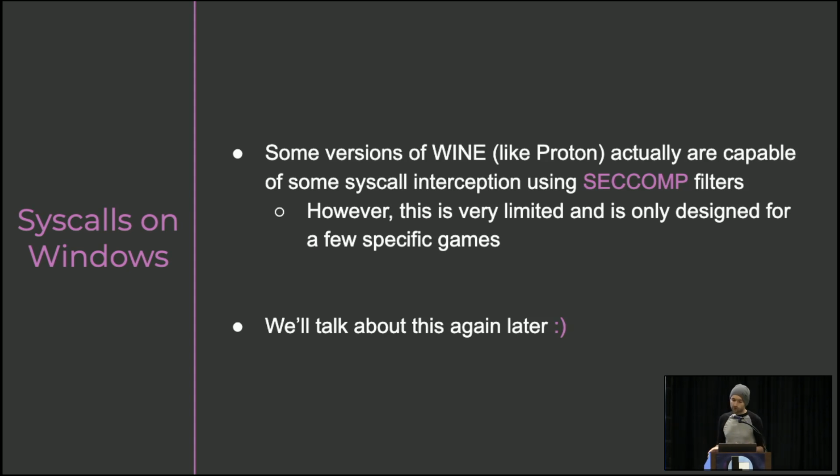However, this is super limited because it's specifically designed to handle the needs of a few applications that actually do issue direct syscalls. This is for the most part things like DRM platforms or game anti-cheats that try to do weird things with the low-level operating system. So for the most part, we can ignore this, but it'll come up again later.